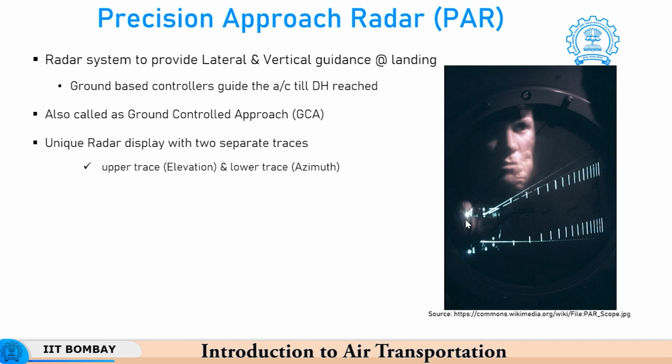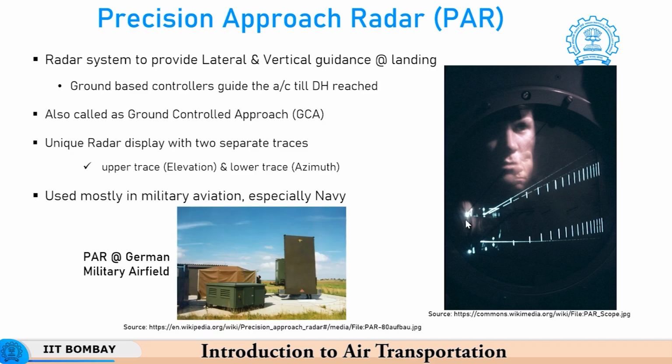It is not intentional, it just happens, but the 2 displays that you see one below the other are the ones which are unique and they are used to guide the aircraft. A PAR system is used mostly in military aviation, especially in the Navy, because they do not want to declare their position. Here is a photograph of a precision approach radars mounted in a German military airfield.